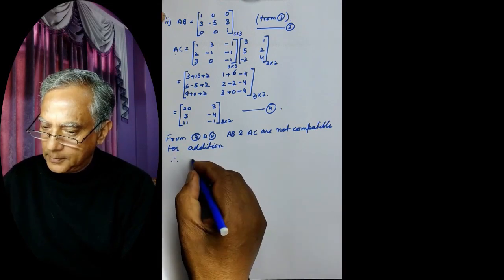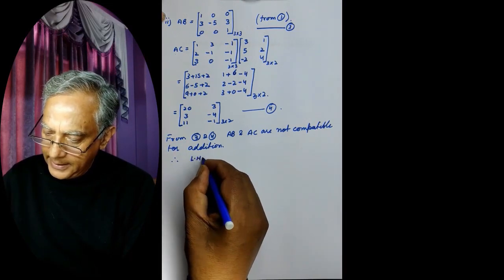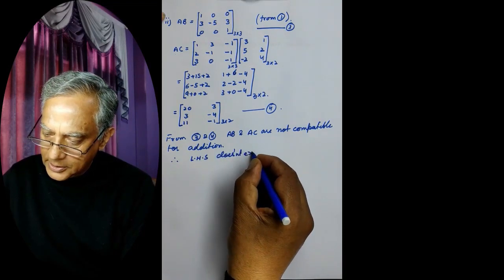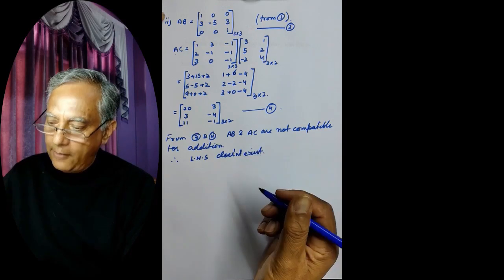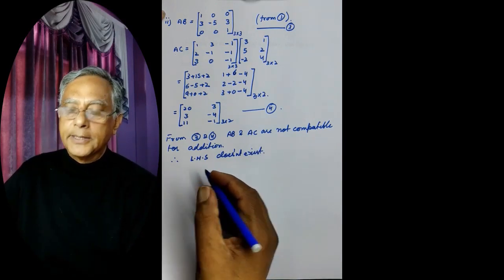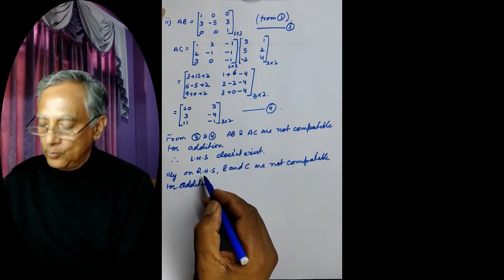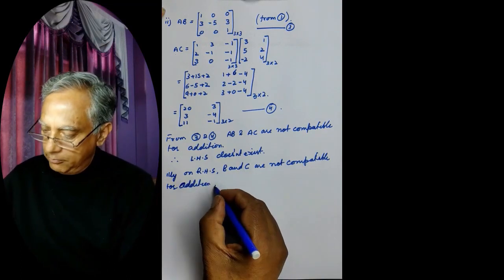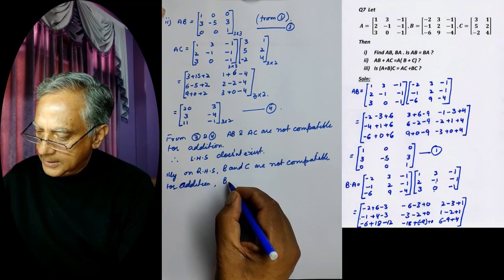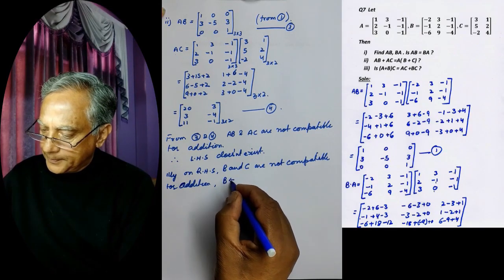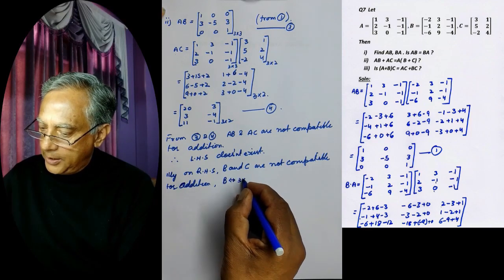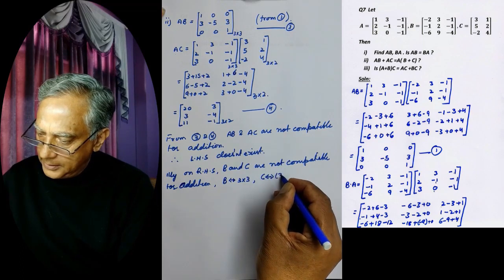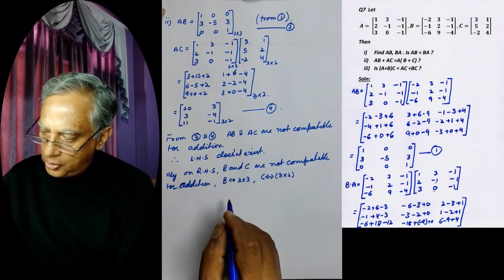Therefore, left hand side doesn't exist. And similarly, on right hand side, B and C are not compatible for addition because B is of order 3 cross 3 and C is of order 3 cross 2.